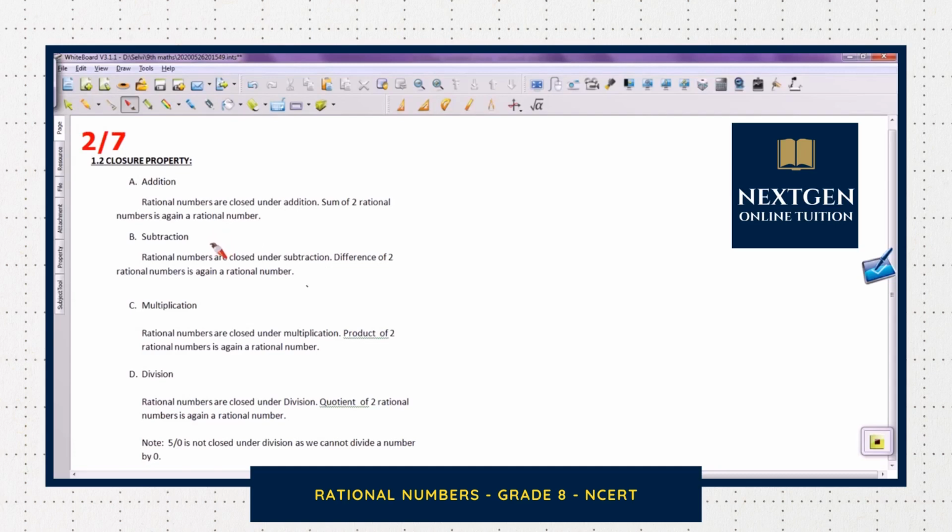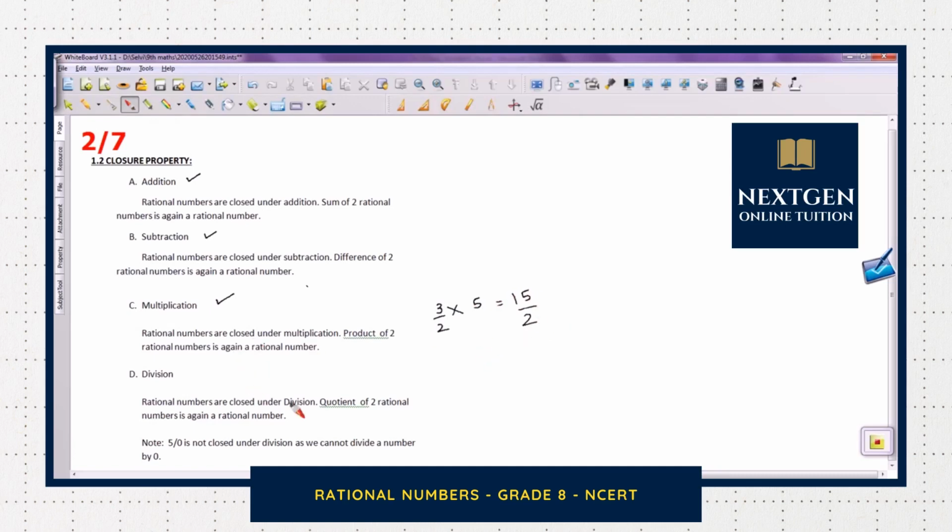So, the closure property is satisfied for rational numbers during addition and subtraction. The product of two rational numbers is also a rational number. 3 by 2 multiplied by 5 is 15 by 2, which is again a rational number. So multiplication is also satisfied.